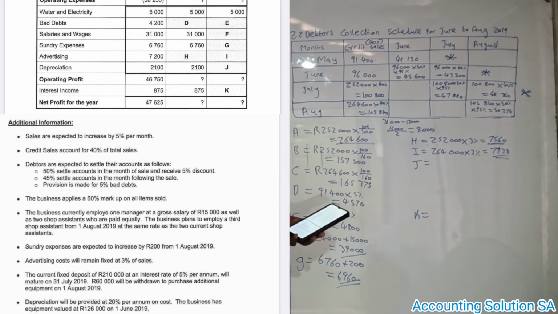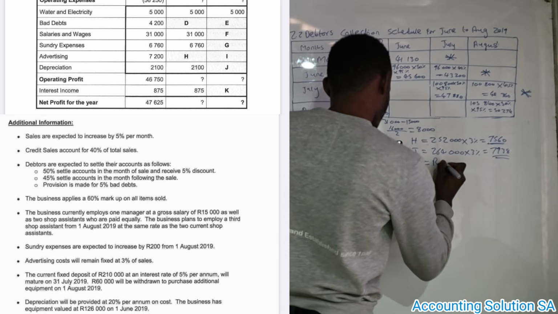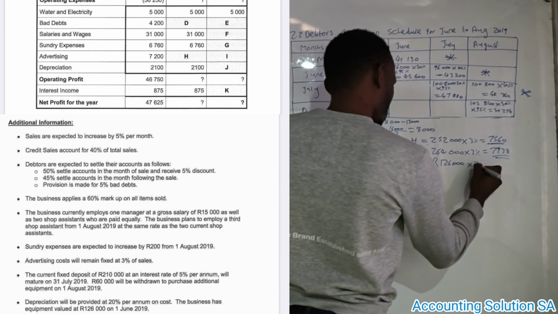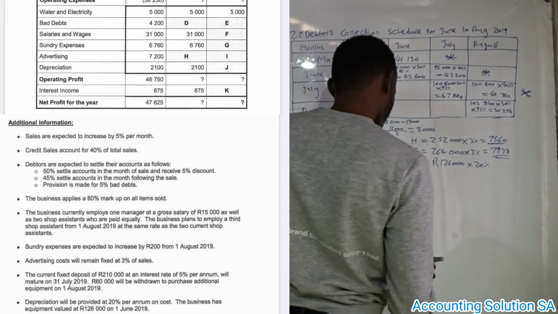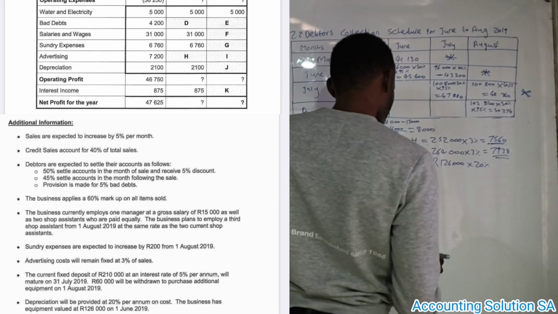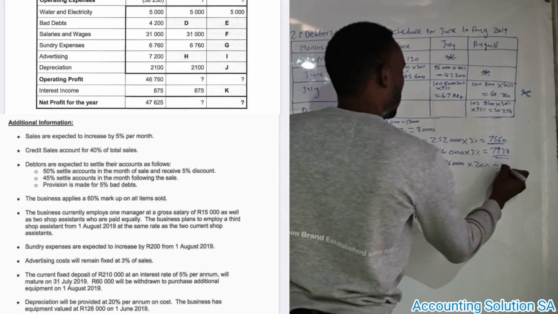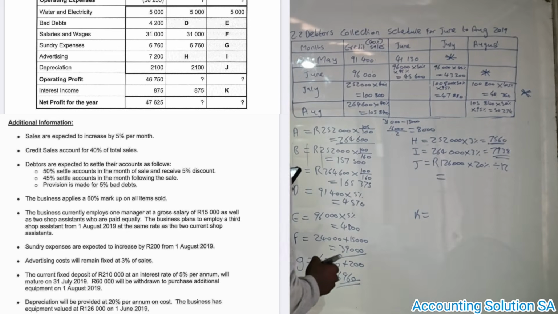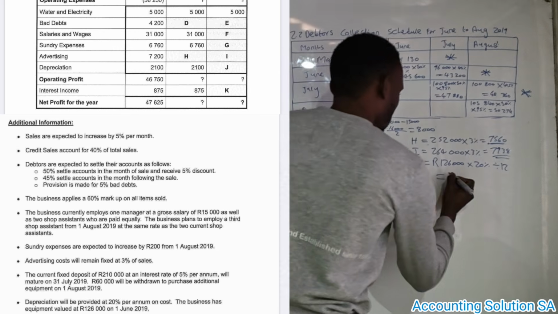So this one is straight line method and it's very simple. 126,000 multiplied by depreciation of 20%. But remember, we have to divide by 12 because we are looking for monthly. Okay, and it's going to give us 3,100.